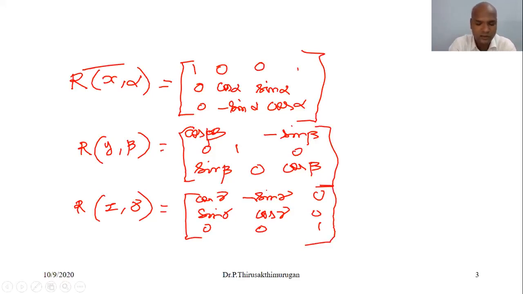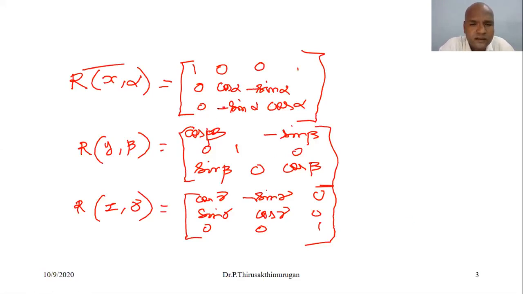When the robo frame makes an angle of rotation alpha about the x-axis, the matrix is as shown. Sorry, here it is minus. I will prove that also, no problem.